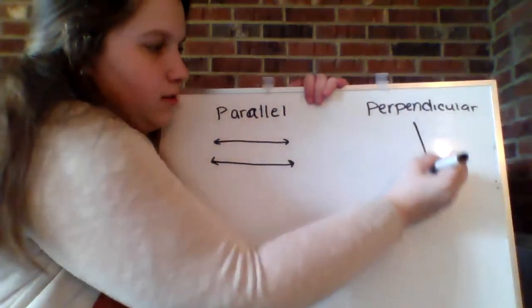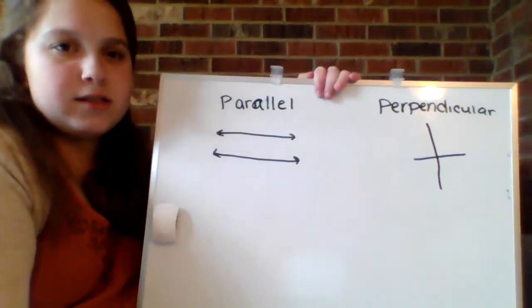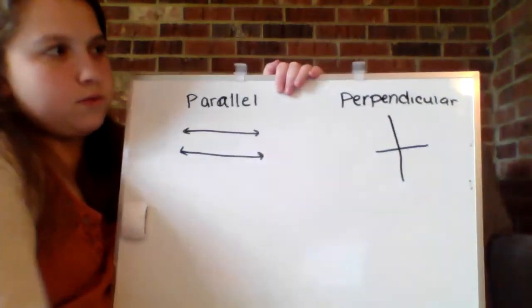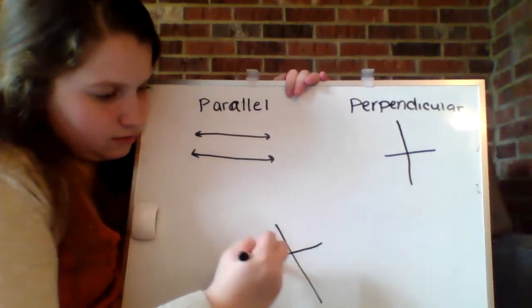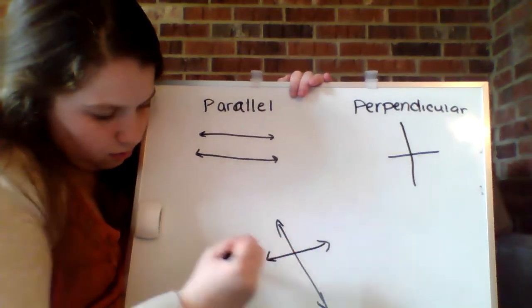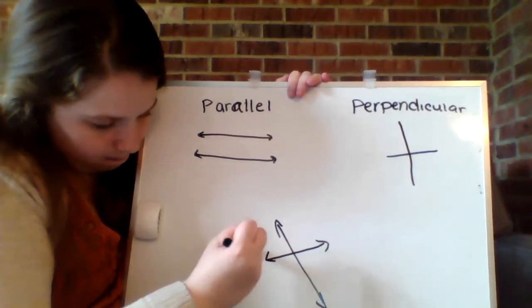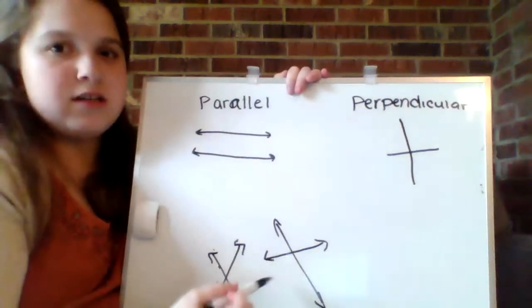Perpendicular lines do cross. They cross in a special way, and that's why we call them perpendicular lines. If we just had lines that crossed like this, or maybe like this, these are just intersecting lines.